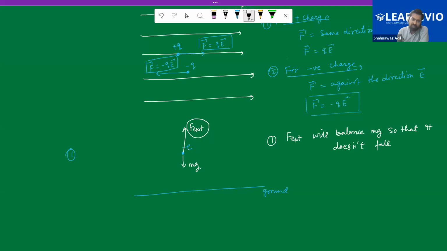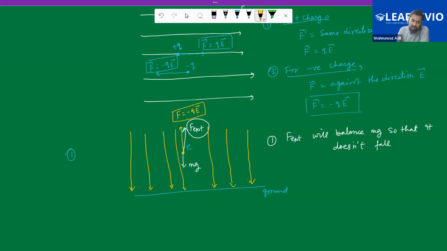And we have a negative charge, which means that the electric field should be opposite. So we are providing some uniform electric field in this direction. And this electric field will create a force on this charge. So force on this charge would be in this direction, right? Yes, sir.